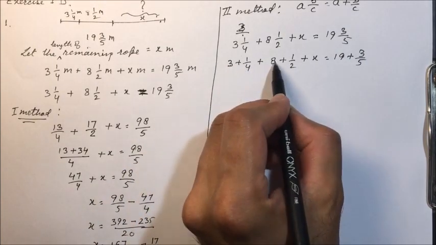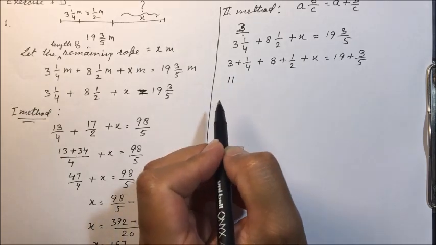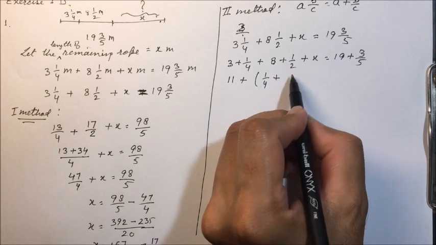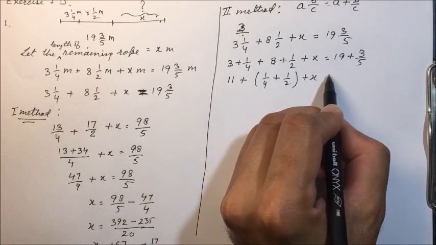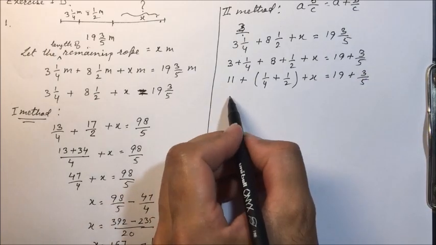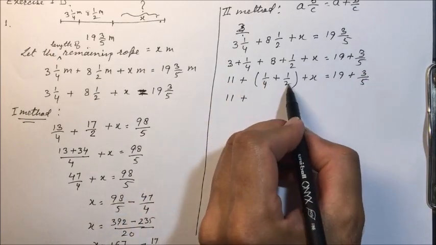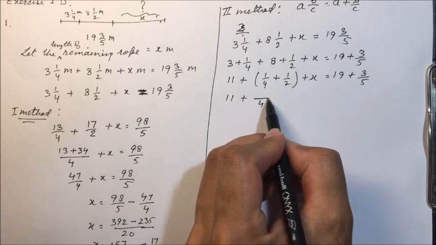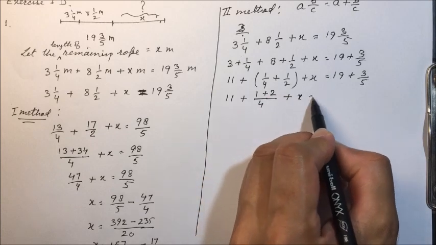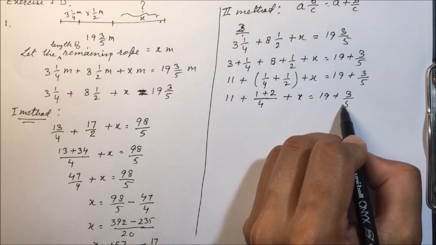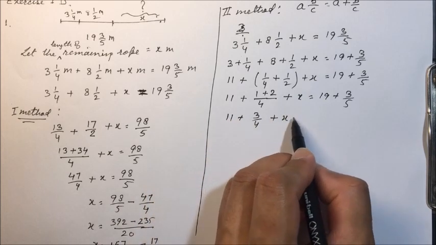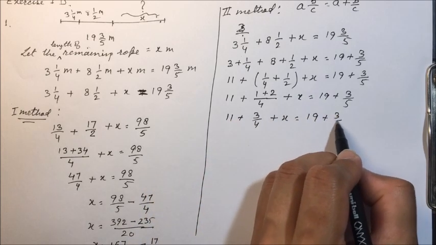Now 3 plus 8, 11, plus 1/4 plus 1/2 plus x. Take the LCM, 4: 11 plus 3/4 plus x equal to 19 plus 3/5.